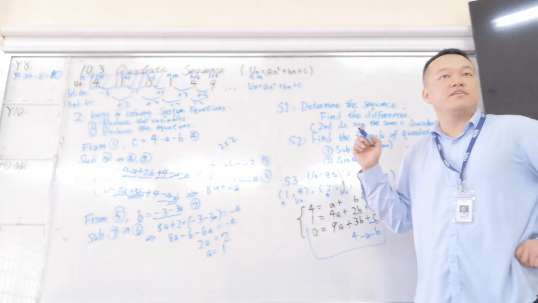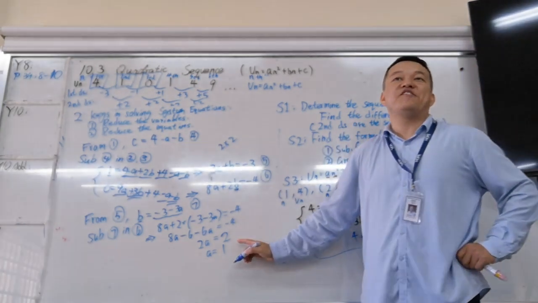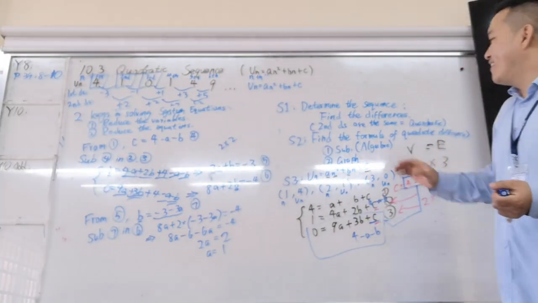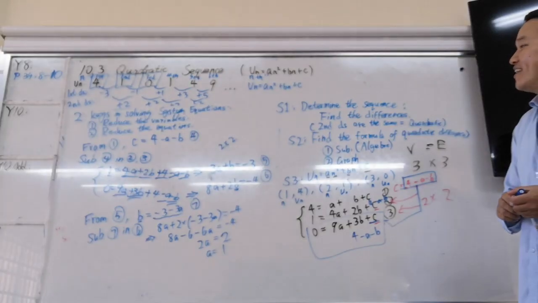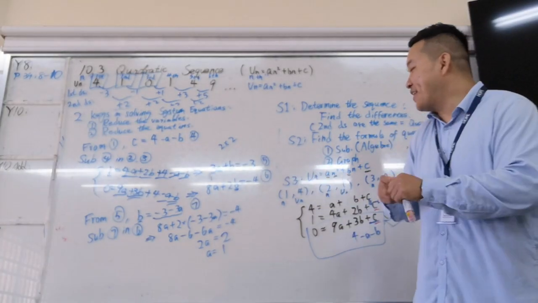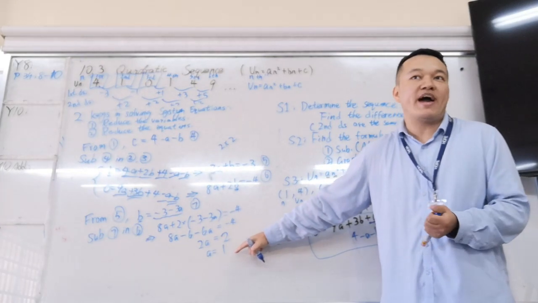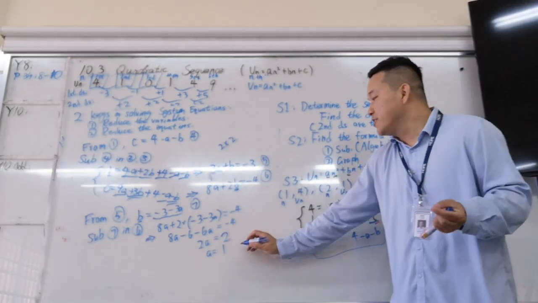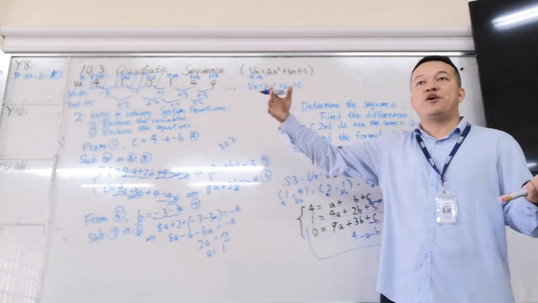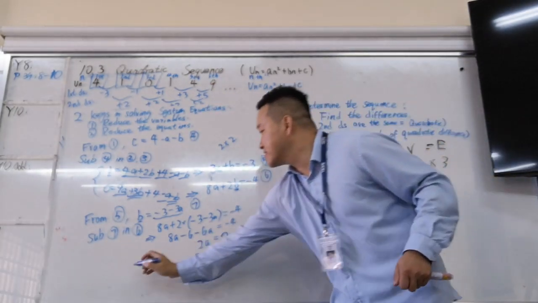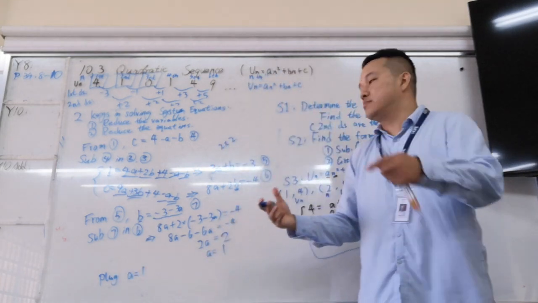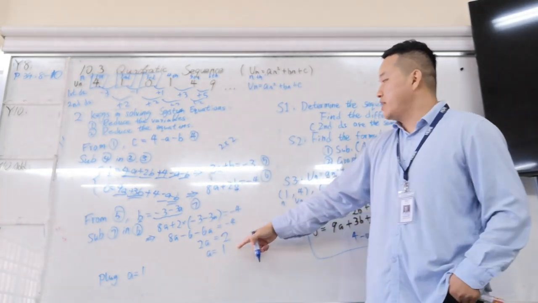Now we got one variable solved. Now we have to do that again. Since you have one variable solved, you just need to plug it back in and get all the variables. Where do you want to plug your value for a?